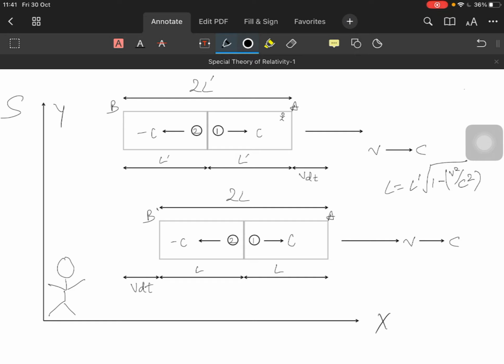So here, to maintain the velocity of light, the simultaneity has to pay a price. In this case, the light reaches B before A.